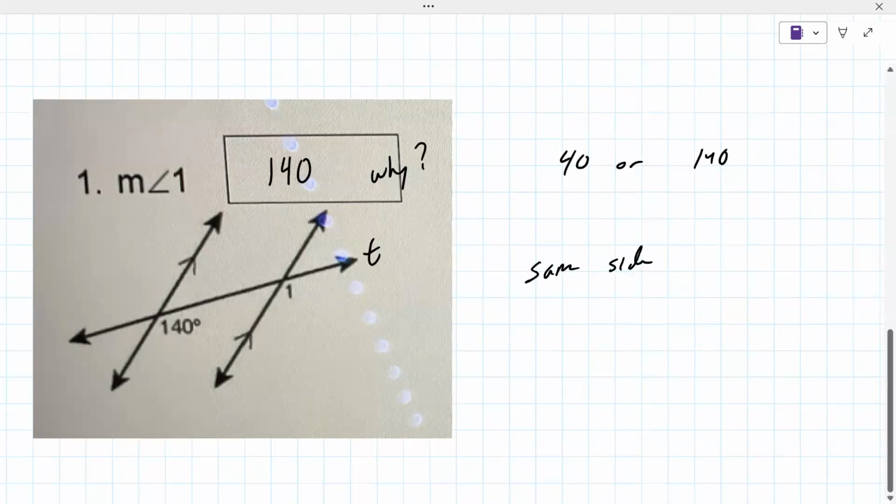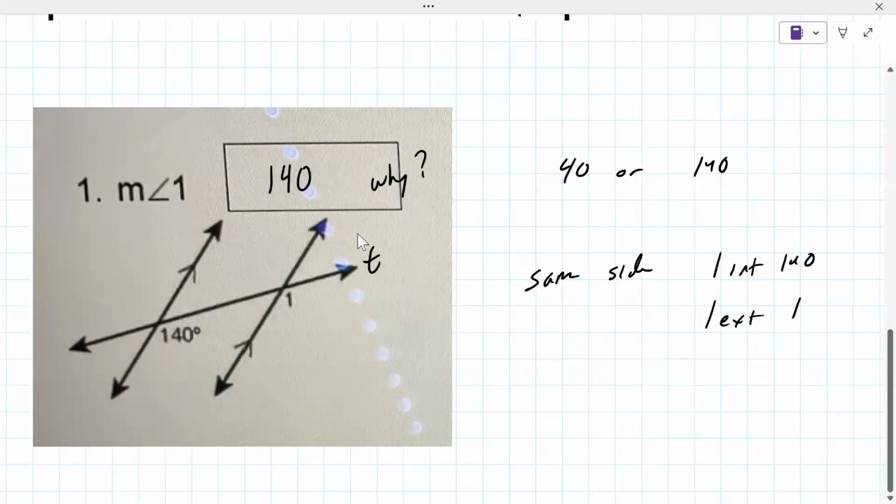Are they both in the interior or both in the exterior? This is in the interior. This is on the outside, the exterior. To me, it's one interior, which is the 140, and one exterior, which is the one.